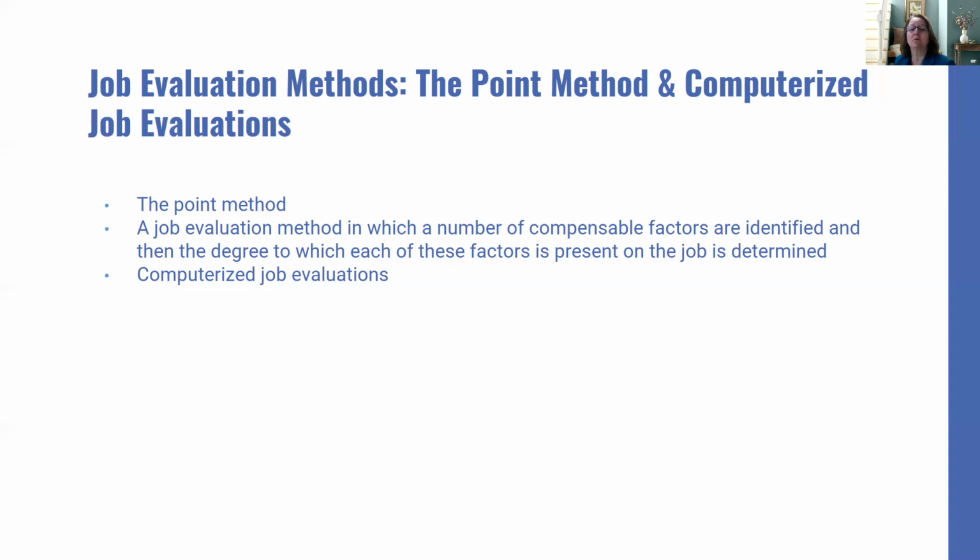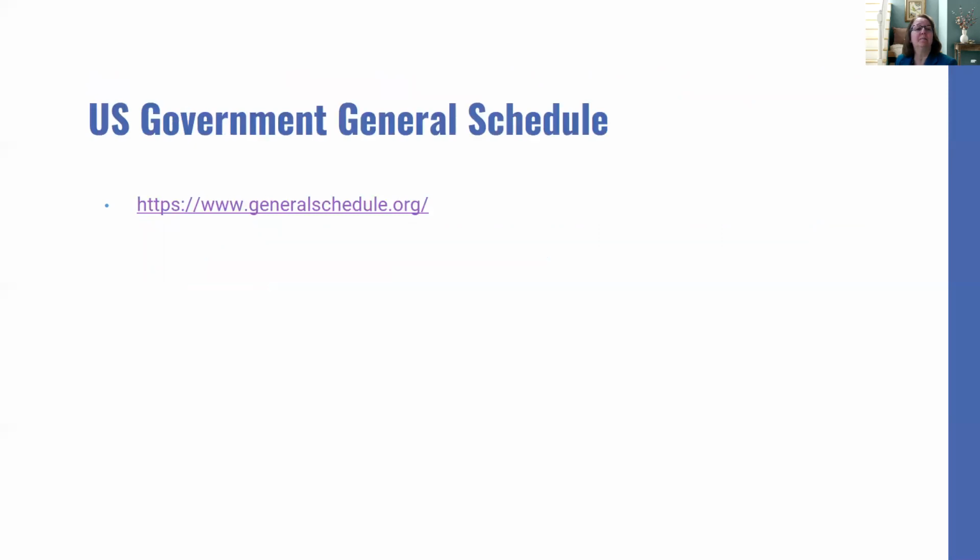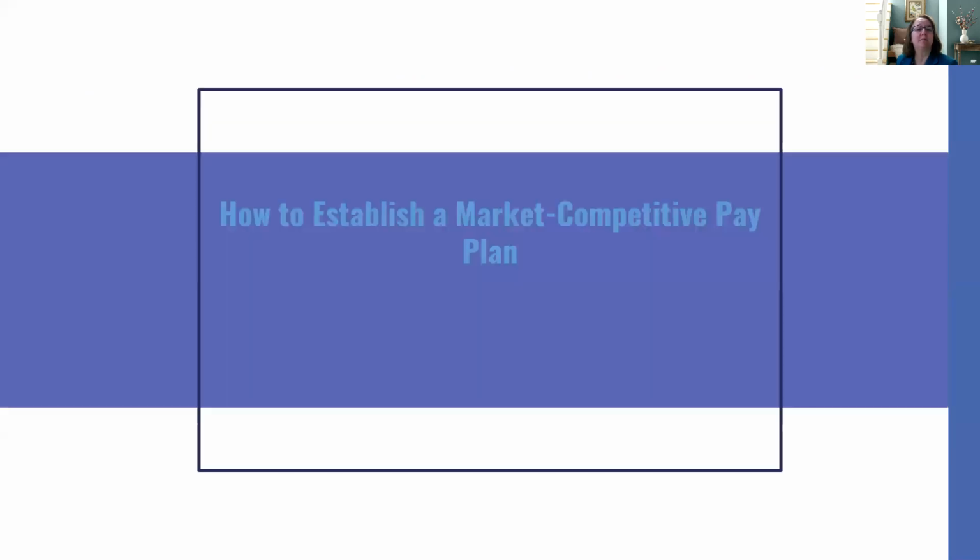So a number of groups, such as the Hay groups, the National Electric Manufacturers Association. So there are standard point plans out there that you can borrow from and compare your company to. And the US government general schedule is one such example.